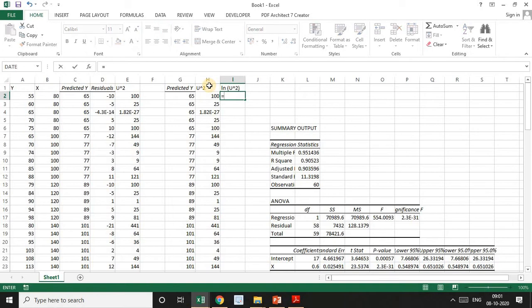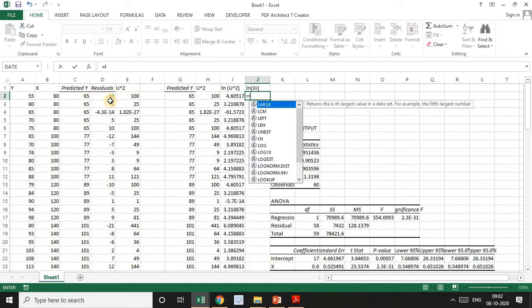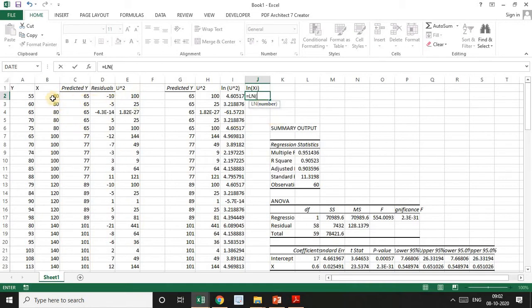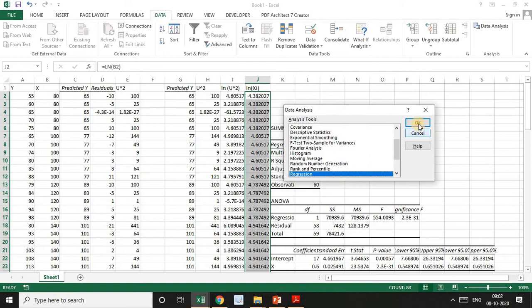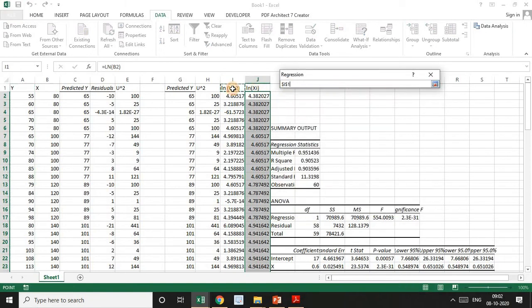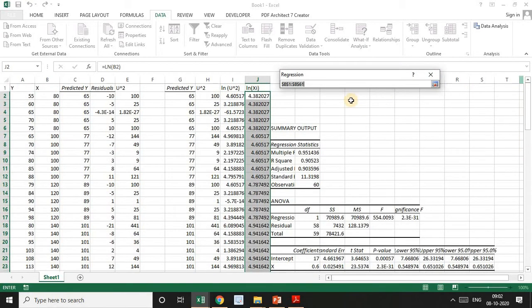So ln u cap square is the dependent variable, and the xi's, you take the ln of these, ln xi. Now what you have to do, go to data analysis, regression. This is the y range, and this is the x range.